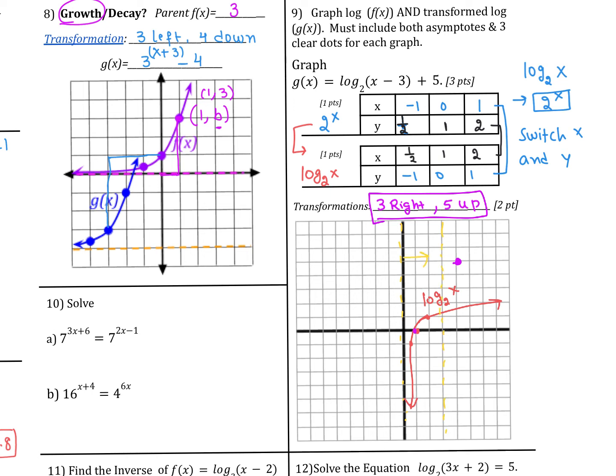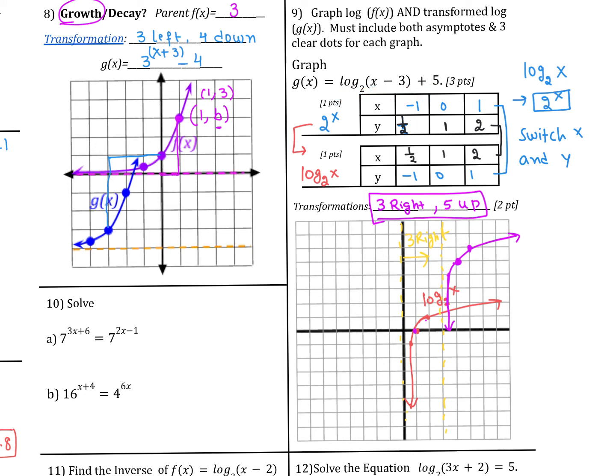So this is moved 3 right. And now I follow my next 2 points, this one and this one. So this is going to be my translated logarithm function, that is this function log base 2 of (x minus 3) plus 5.